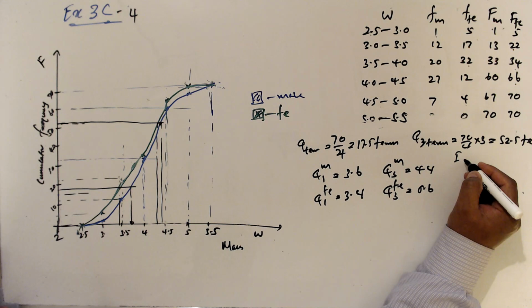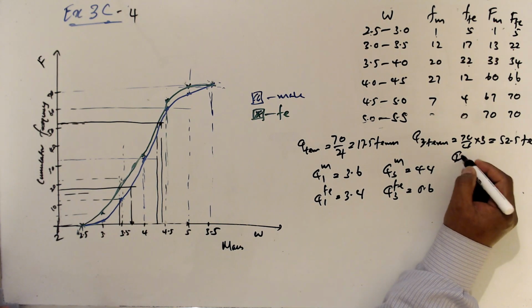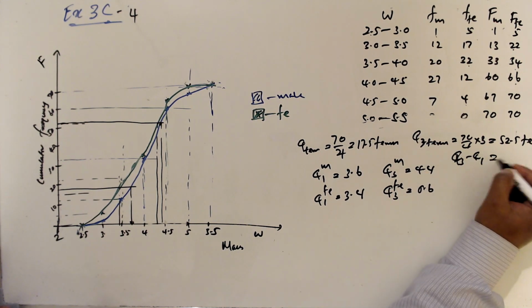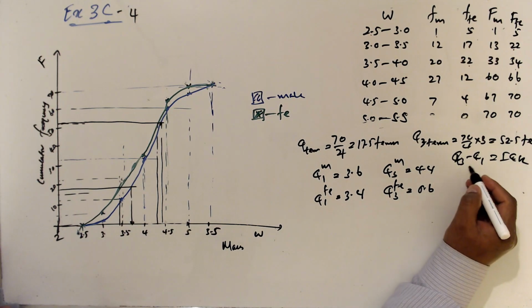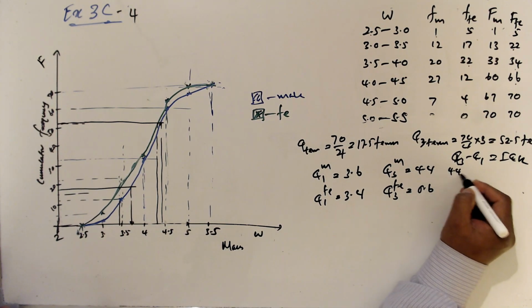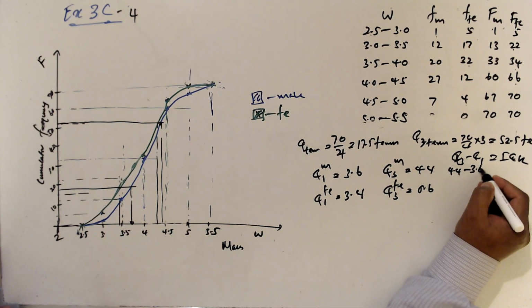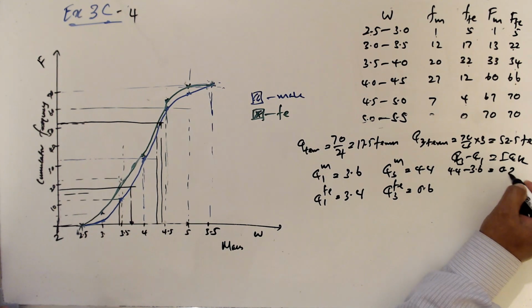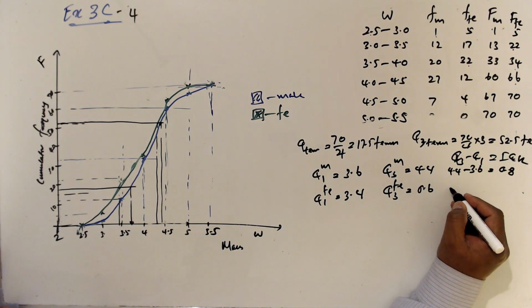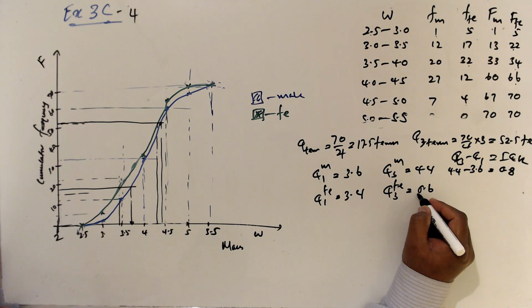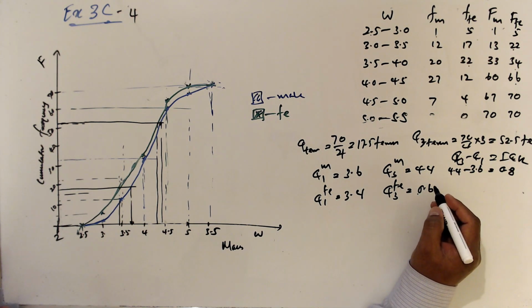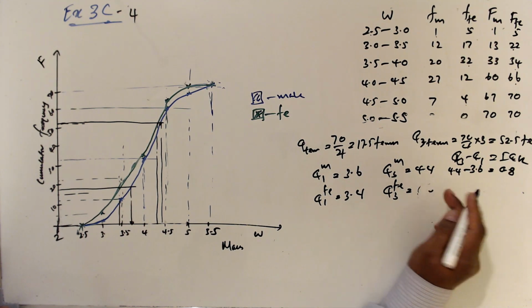So Q3 minus Q1 equals IQR. So 4.4 minus 3.6 equals 0.8. This value is going to be 4.